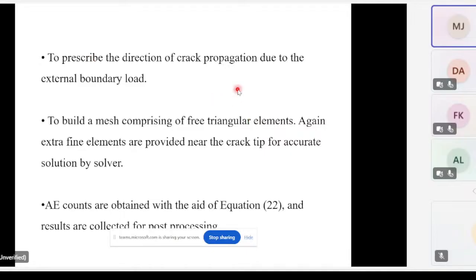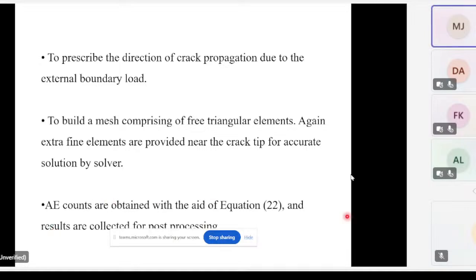Also, you have to prescribe and then build a mesh. We used a triangular base, and at the crack tip, since everything is very fine, we designed a finer base. This is a finite element analysis. You can take any, but COMSOL will do it for you. No ANSYS business, nothing.